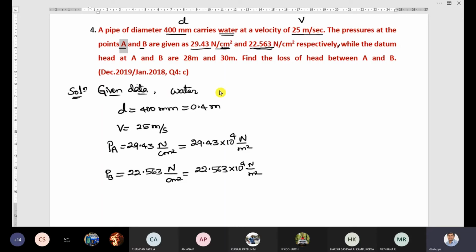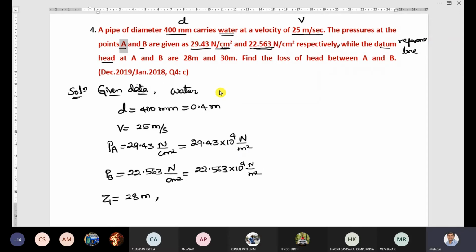While continuing the problem, the datum head means the potential energy from the reference line, the datum line, which is also called a reference line, at point A and point B. So Z1, the datum head at A, is 28 meter.